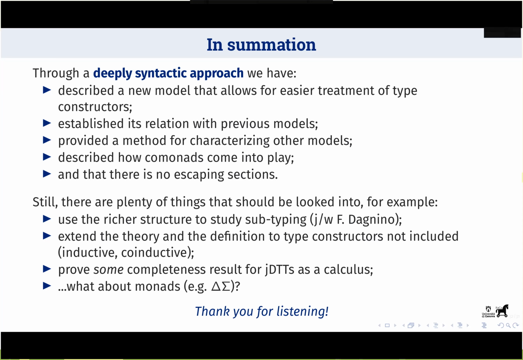For example, when you start with a categorical model, like the C-system model, you have some notion of dependent sums that you didn't want at the beginning, but you end up with, right? And this doesn't happen in our model because you just have judgments and they're related in some sense. So you don't have constructors, you need to ask for them.